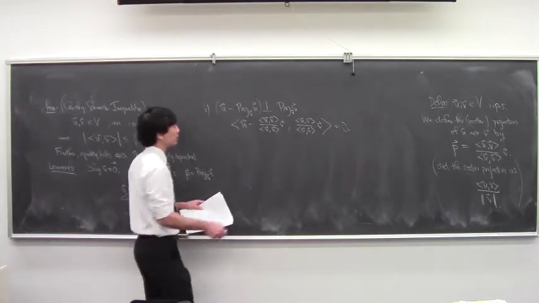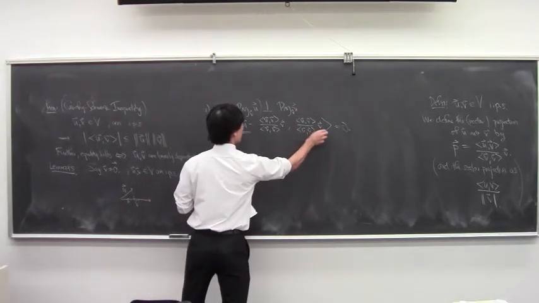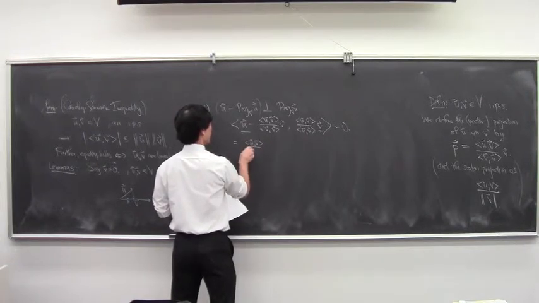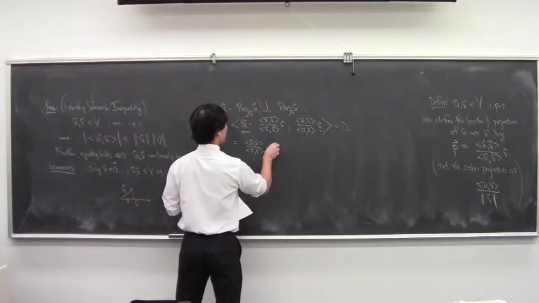The first one, you get U against this thing here, so you get UV over VV times UV.